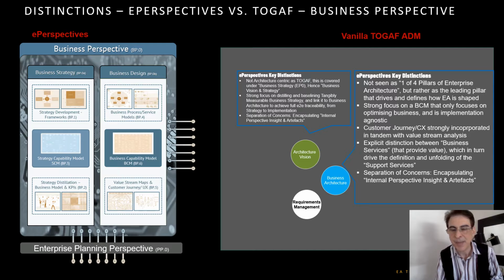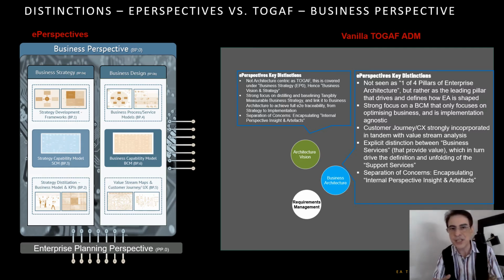So as we mentioned, the encapsulation of the entire, the three circles that you see here, architecture vision, business architecture, and requirements management within TOGAF, all of them will be encapsulated into what we call here a business capability model, through which in fact we can also have access to the strategic capabilities as well as being able to measure them. So we have access to the business strategy and vision also through the business capability model.